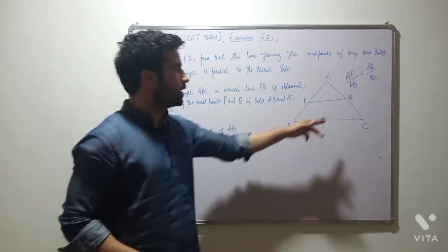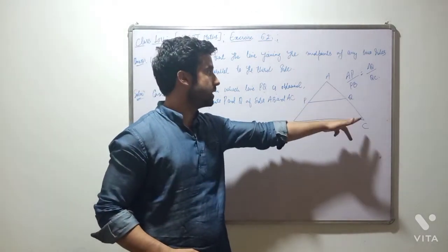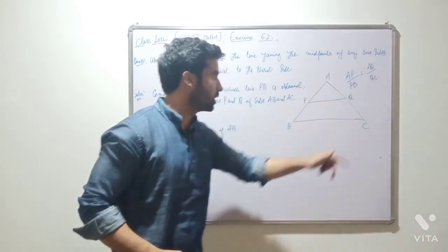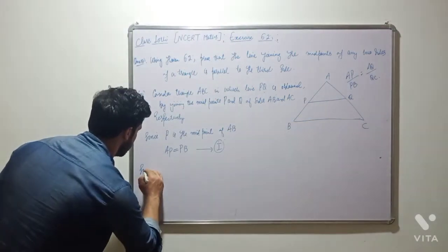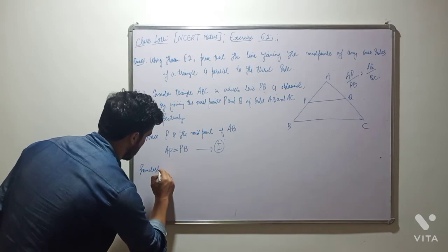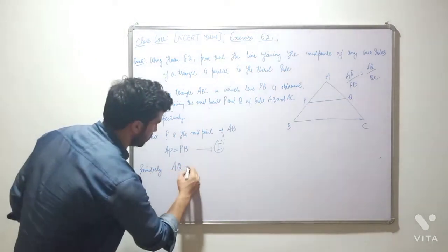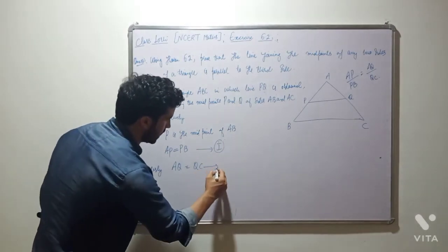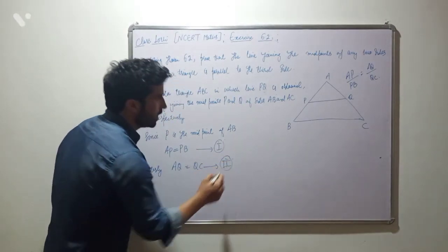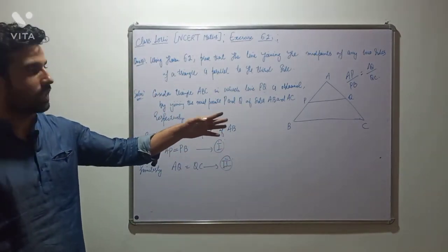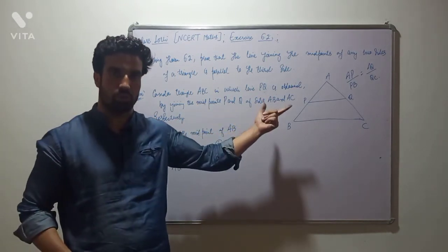Okay, अब देख लीजिए Q, this is the midpoint of AC, this means AQ will be equal to QC. Okay, हम लिखेंगे similarly AQ is equal to QC, let that be second. Why? Because Q is the midpoint. Okay, the line has been obtained by joining these two midpoints.